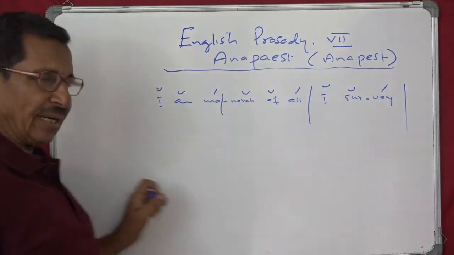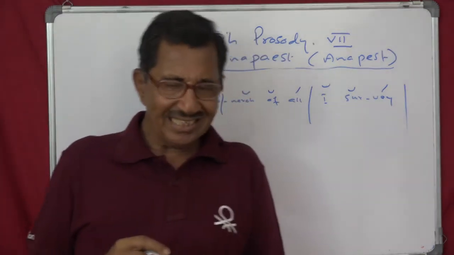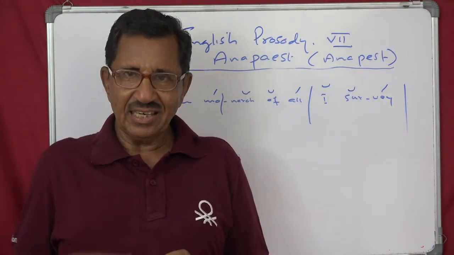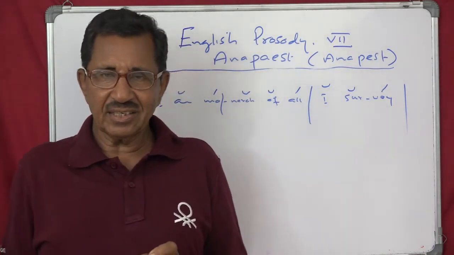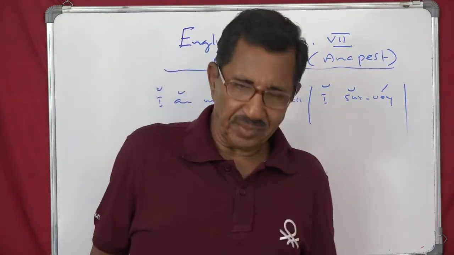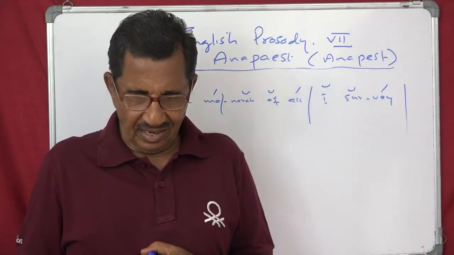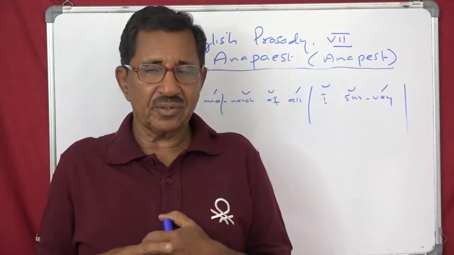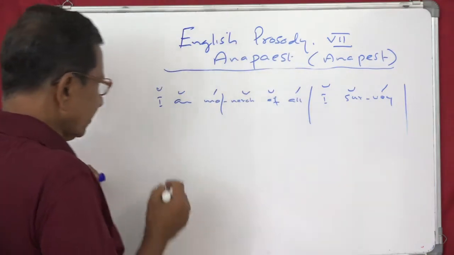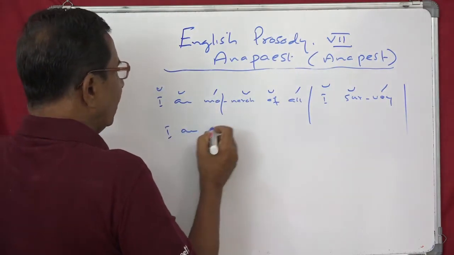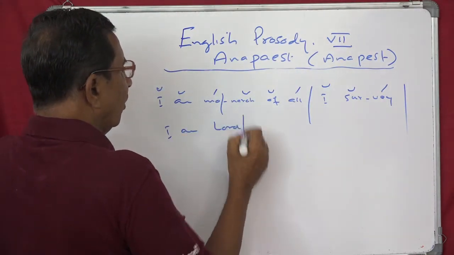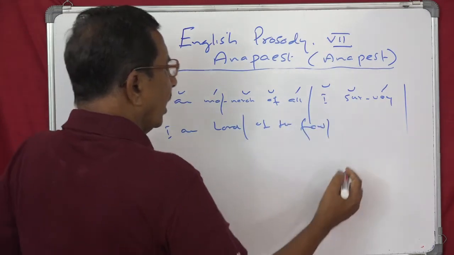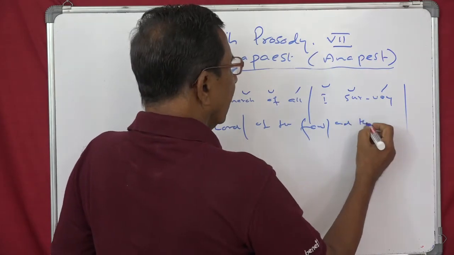So it is trimeter. Because they have got 3 feet. I am monarch of all I survey. Alexander Selkirk, famous line, I think it's been written by William Cowper. And Lord of the fowl and the brute. I am Lord of the fowl and the brute.